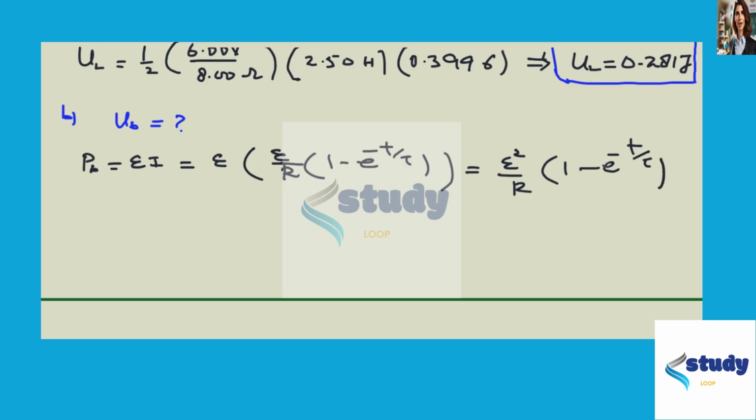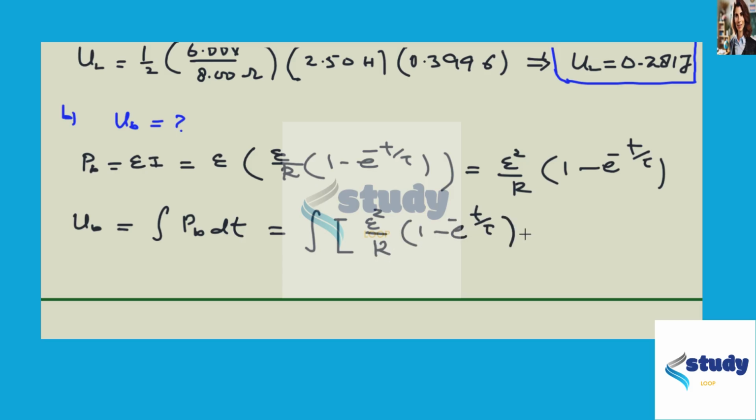Now the energy corresponding to this power is written as UB, which is equal to integration of PB dt. So by inserting the value of PB into this equation, we can write integration of E square divided by R into 1 minus e raised to power minus t divided by tau, and here we can write dt.